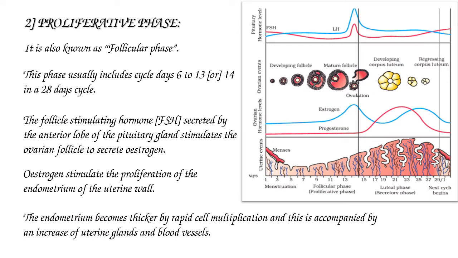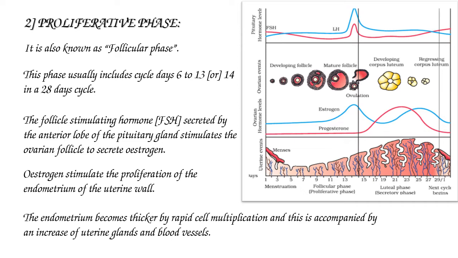Proliferative phase. It is also known as the follicular phase. This phase usually includes cycle days 6 to 13 or 14 in a 28 day cycle. The follicle stimulating hormone, FSH, secreted by the anterior lobe of the pituitary gland, stimulates the ovarian follicles to secrete estrogen.